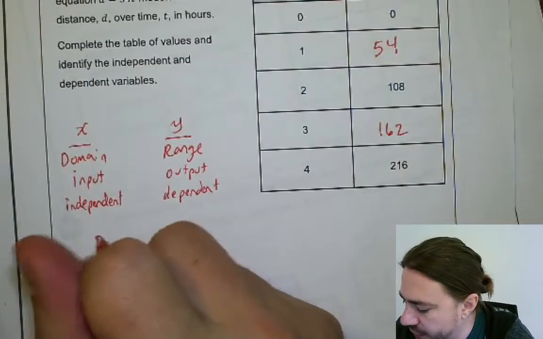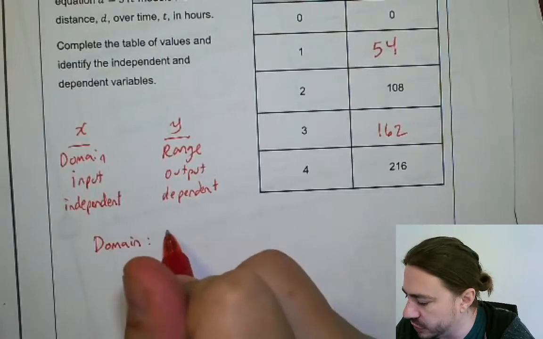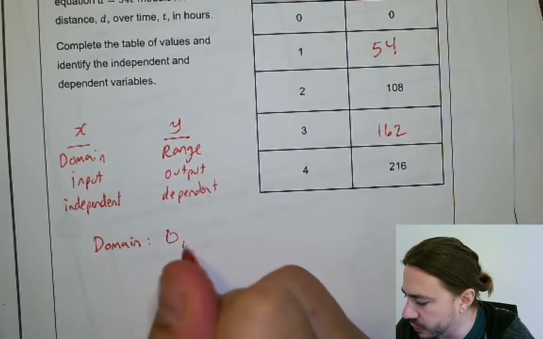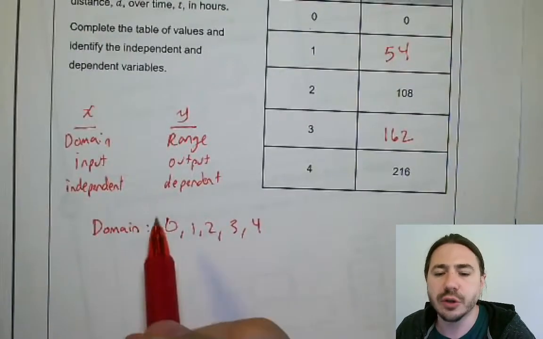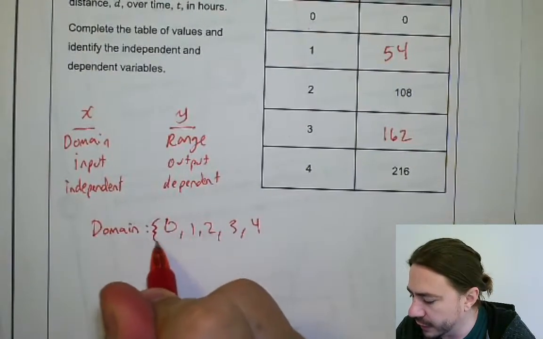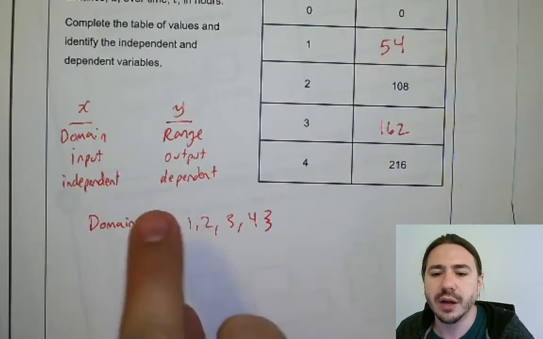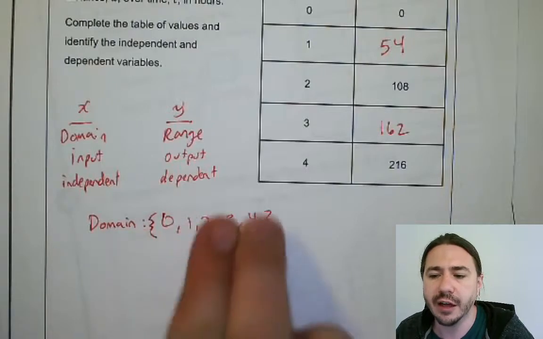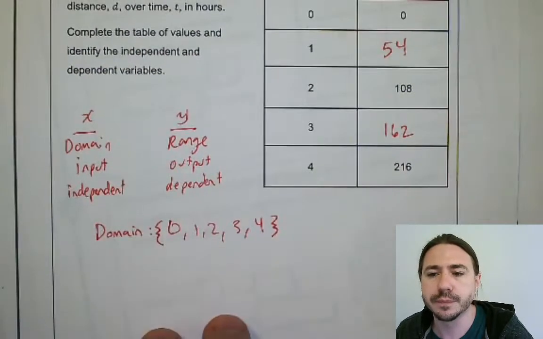If it asks you what's the domain of this table, you would just write out the numbers 0, 1, 2, 3, 4, and then usually you'll see these little squiggly brackets, or braces, to say this group of values is the domain.